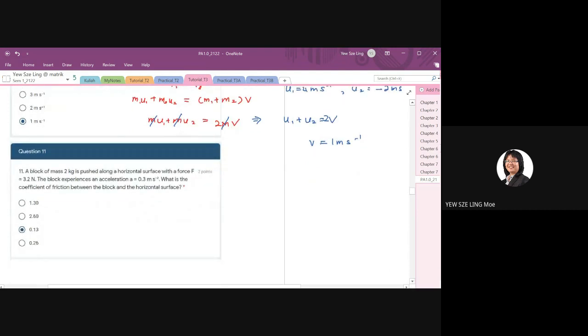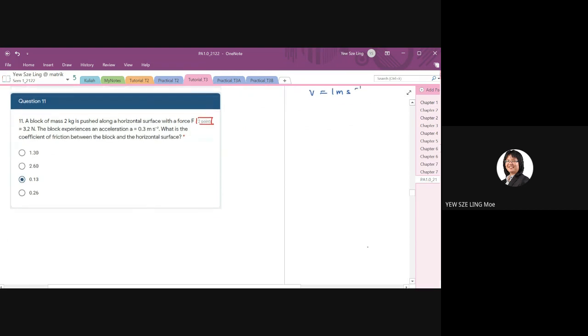Okay, next, question 11. A block of mass 2 kg is pushed along a horizontal surface with a force. Now, you see, this is a 2 marks question, so it means this question is slightly more complicated than previous questions. So you have a horizontal surface, a block on top of it.